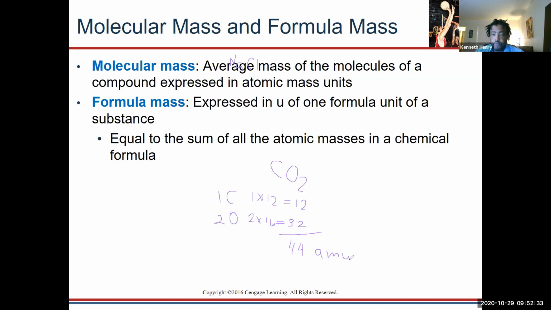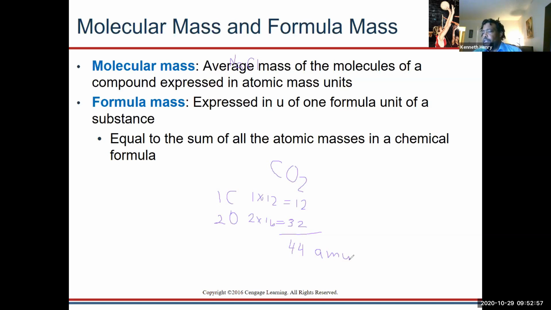Okay, AMUs. So the difference between molecular mass and formula mass: formula mass is always going to pertain to an ionic compound. Molecular mass is going to pertain to a covalent compound. The way you calculate them is exactly the same.